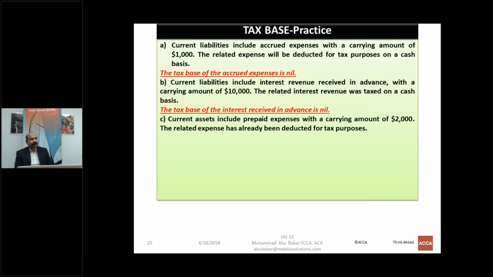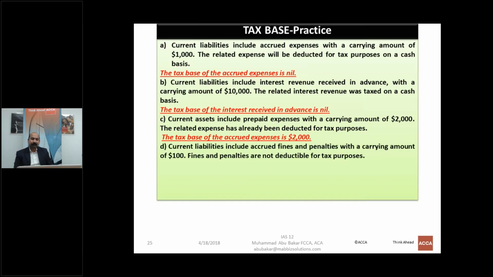Most of the people are saying 2,000. So 2,000 is correct. This is the example of that rule where you want to determine the tax base of an asset whose related item is being allowed in the income statement. So it will be equal to its carrying value.